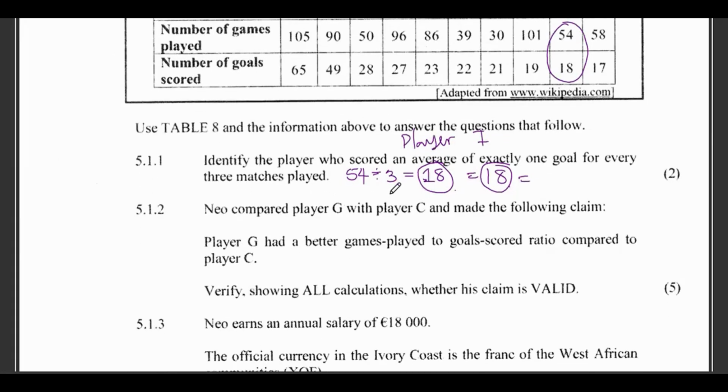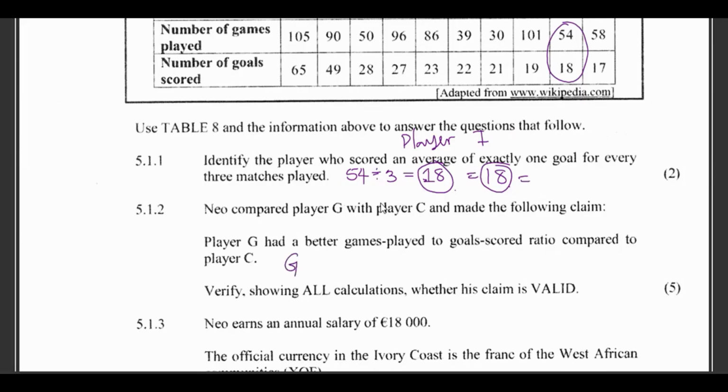Then we'll compare player G with player C and make the following claim: that player G had a better games played to goals scored ratio compared to C. What are we doing? Let's look at the players.